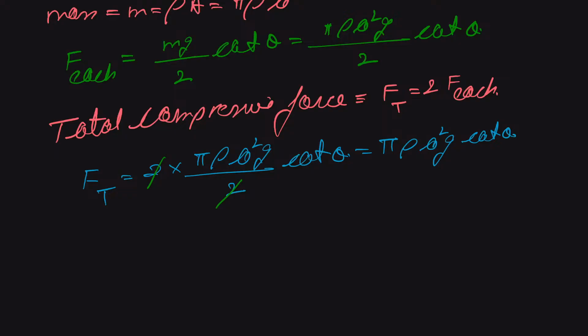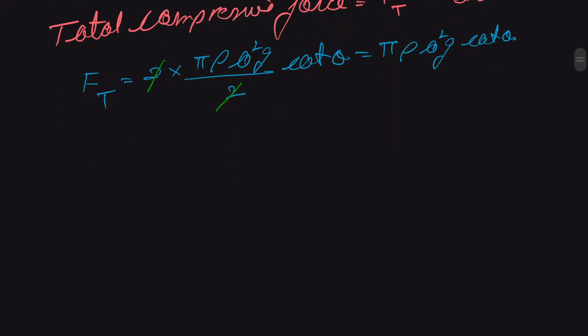Okay. Now once again we come to its maximum and minimum value. So we are going to consider this f. So we can say that our f is rho pi a square g upon 2 cot of theta. Okay.